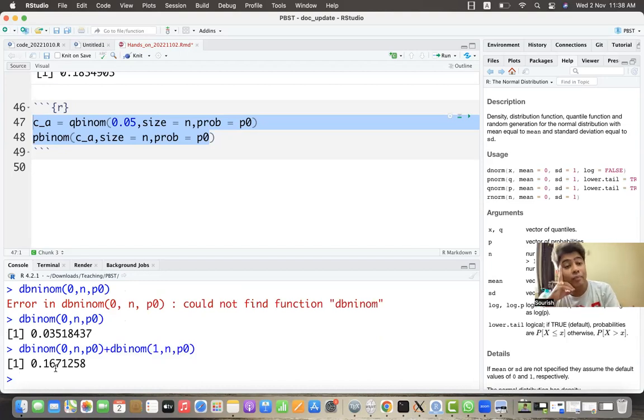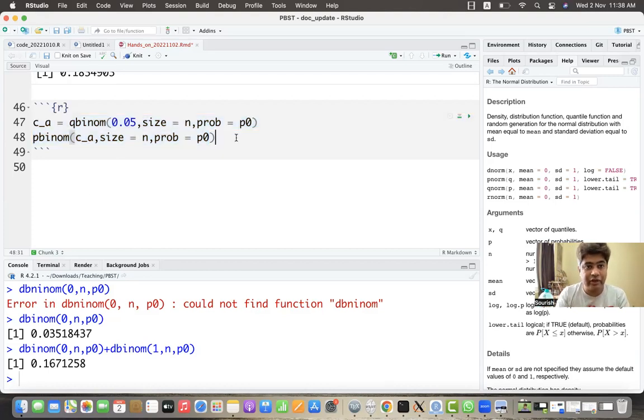So my critical point should be 0, not 1, essentially. So less than or equal to 0.